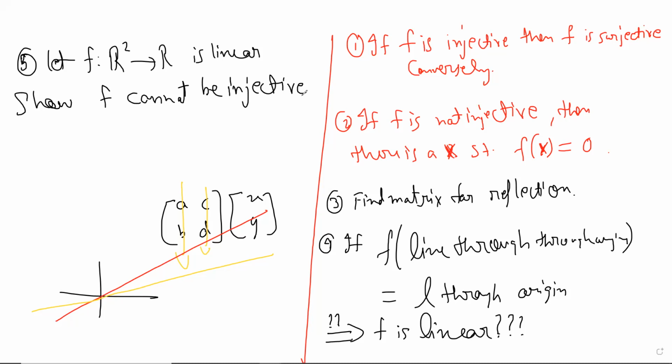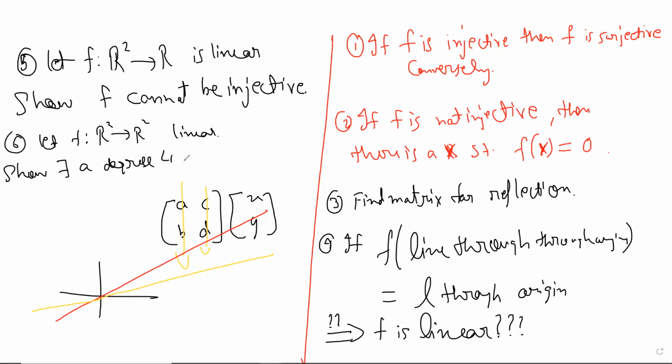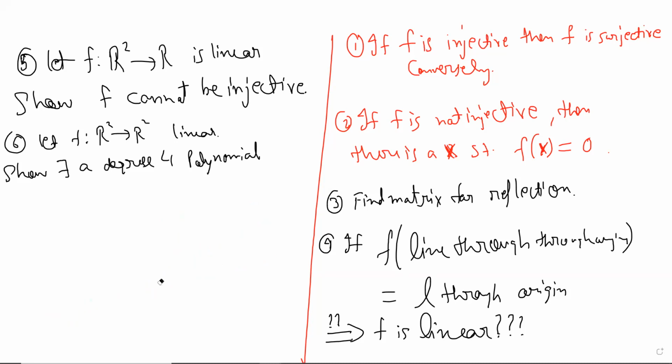Now, this is another beautiful question. Let f be linear. Show there exists a degree 4 polynomial, or you can find one.